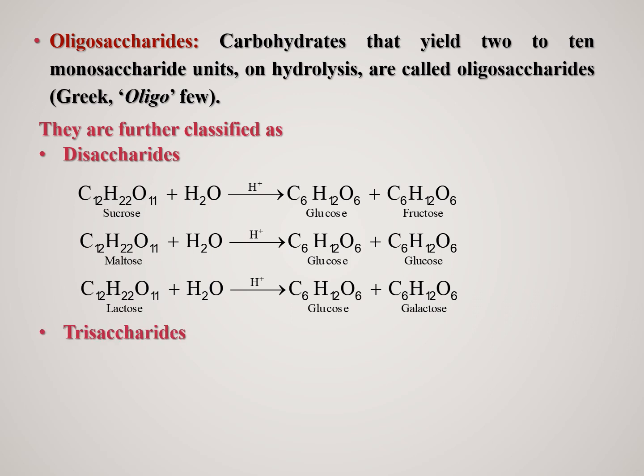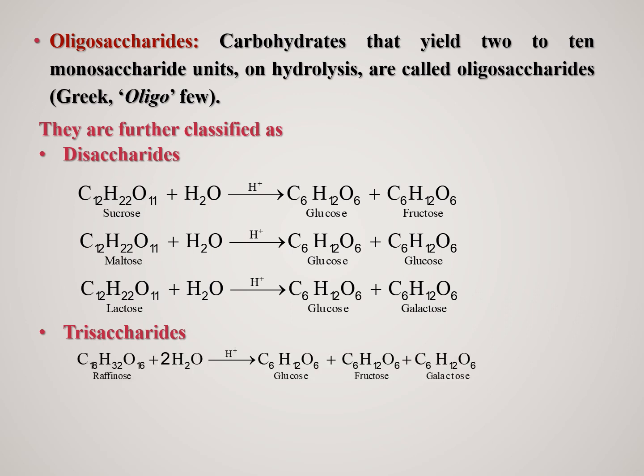Proceeding towards trisaccharides. These are the carbohydrates which on hydrolysis produce 3 monosaccharide units. Let us take an example. Raffinose C18H32O16 on hydrolysis with water produces glucose, fructose and galactose.